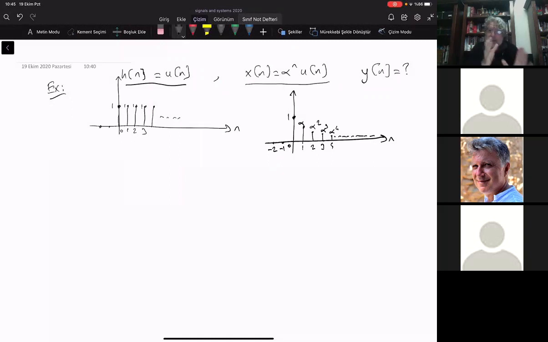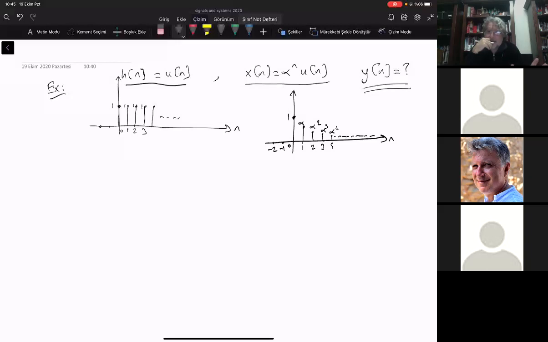So it's a finite power series sum. After flipping around and sliding, some of these alpha to the k values will be added for certain k's. So what is that summation? Can you write the formula for that finite power series summation? That will be the expression for y of n, right?